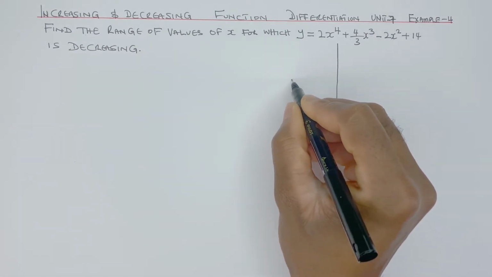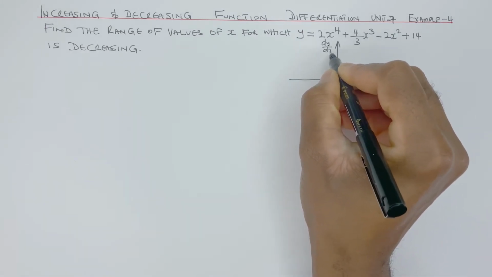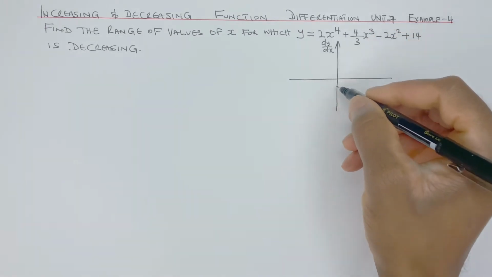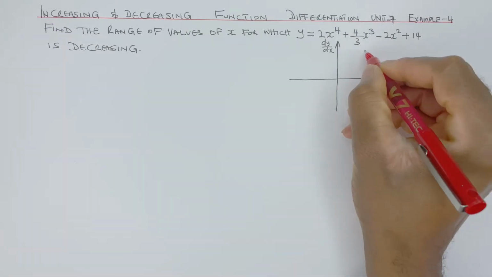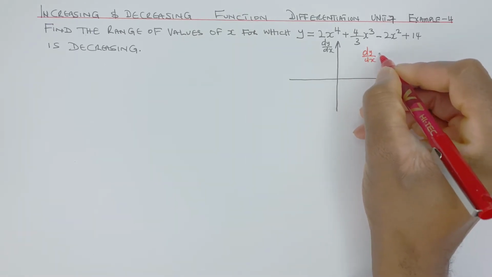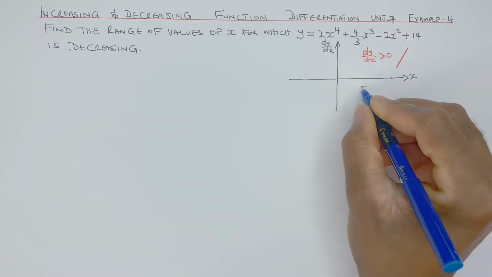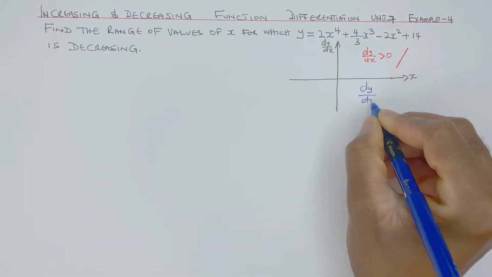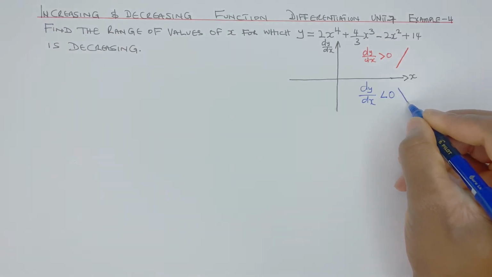If I quickly sketch the gradient, call this dy/dx. So I'm plotting dy/dx against x. dy/dx is greater than 0 here, so that's a positive slope. dy/dx is less than 0 here, so that's a negative slope.